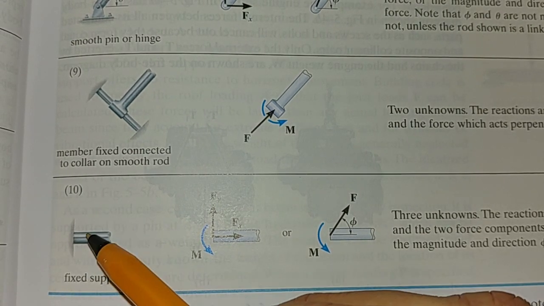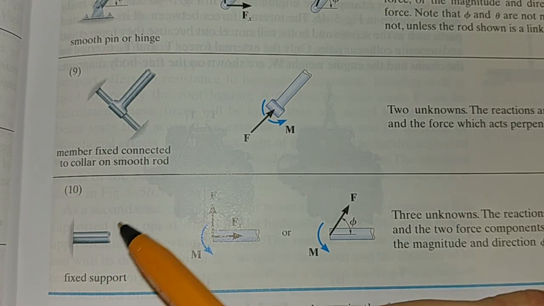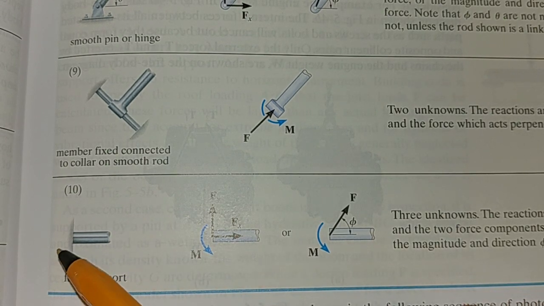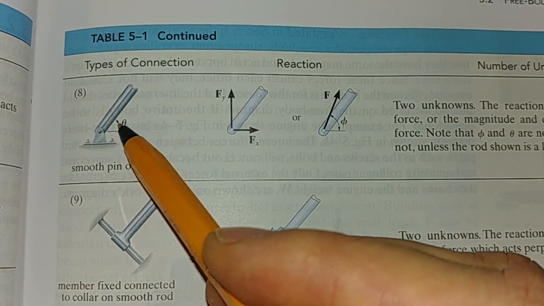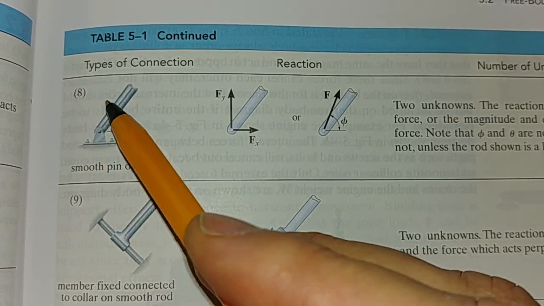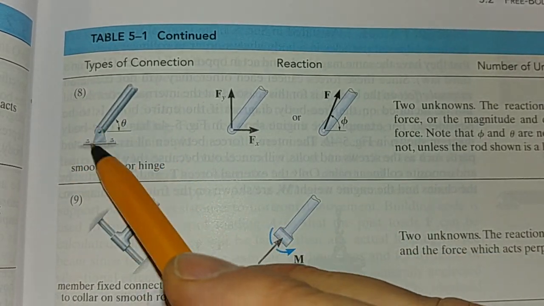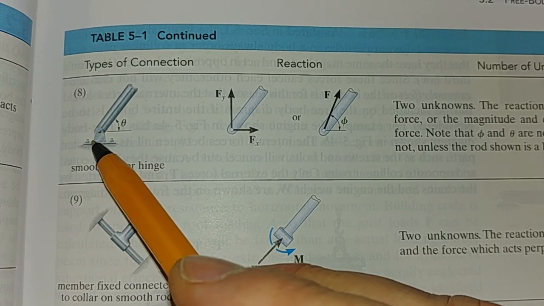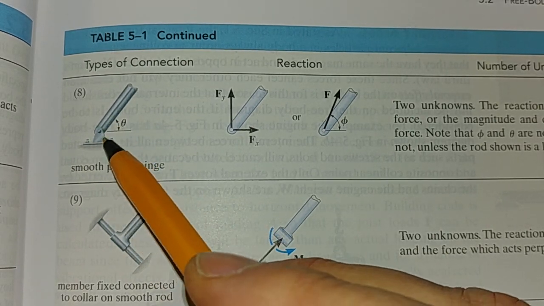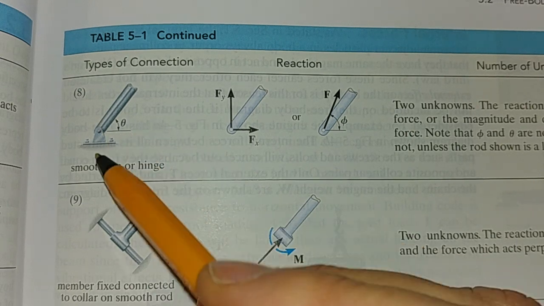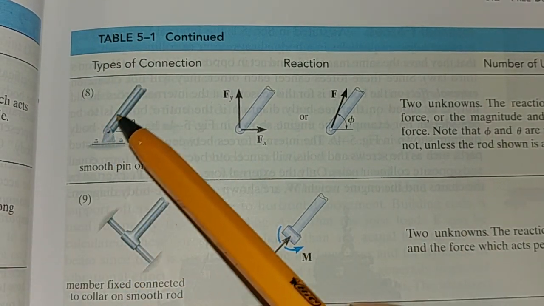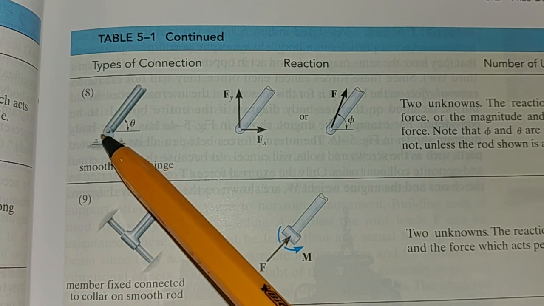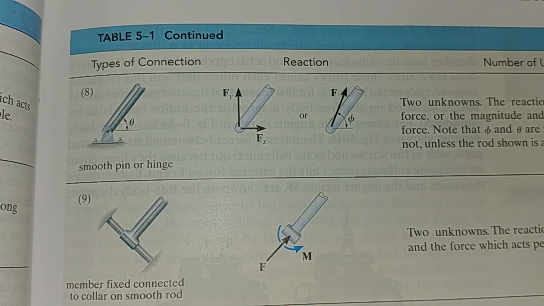If I apply a force in the Y, there's going to be a reaction force. And if I apply a moment, then there's going to be a reaction moment, okay? So, for example, a pin, it's not going to stop any moment. If I apply a moment about this point O, this pin is not going to react against that moment. There's not going to be a reaction moment, okay? So please study this table 5.1 and really understand how to put in the appropriate forces.